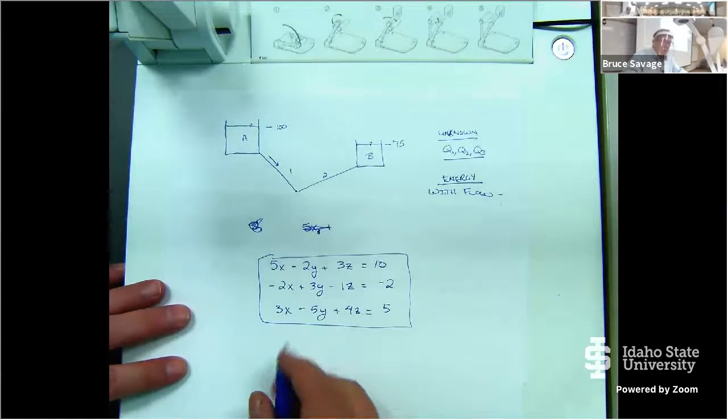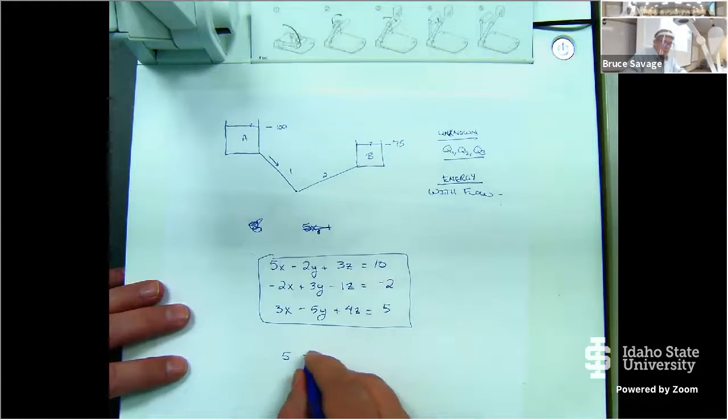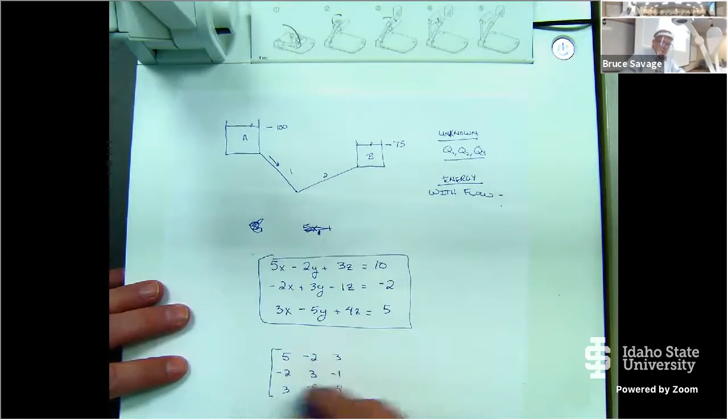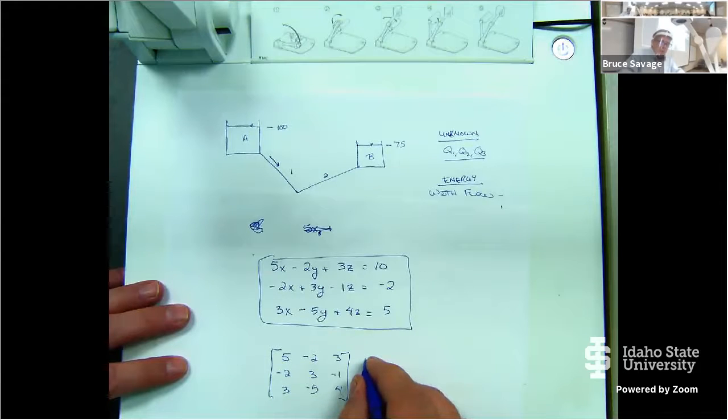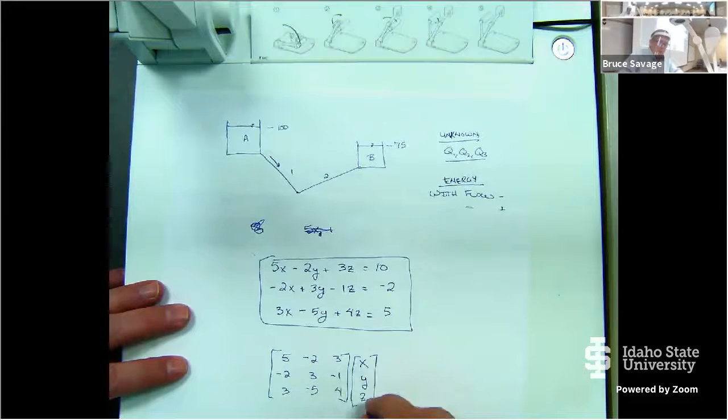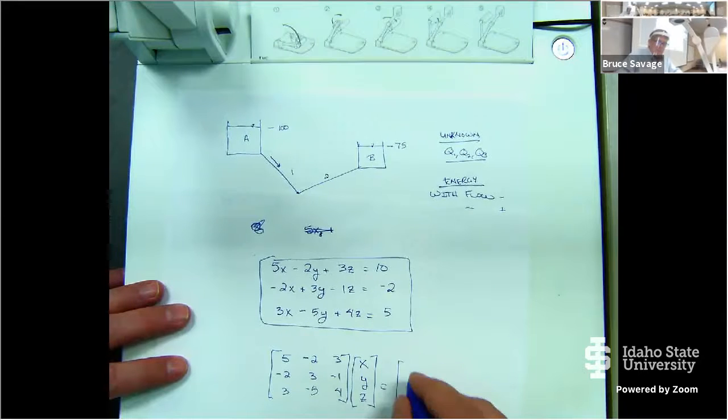So if I wanted to solve this, I could turn it into a simple matrix of 5, -2, 3; -2, 3, -1; and 3, -5, 4, with my unknowns x, y, and z as my solution vector. My b vector is 10, -2, and 5.